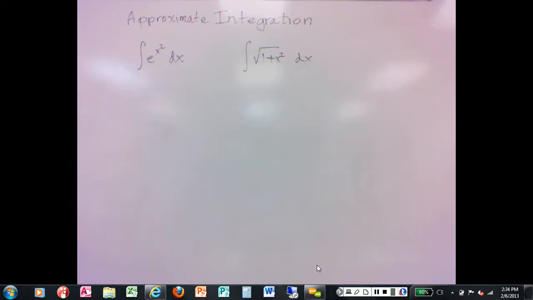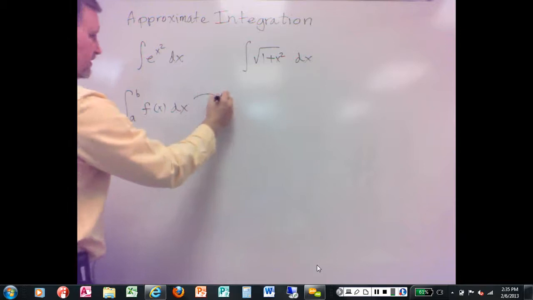Well, that's why approximate integration is important, because sometimes you just have to approximate it. We've done some of that previously. As a matter of fact, when we first started in Calculus 1 talking about integration, that's where we started, with approximate integration. For a definite integral from a to b of f of x dx, what does that transfer over to, graphically speaking?